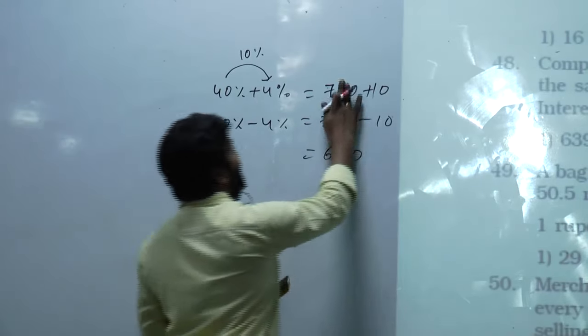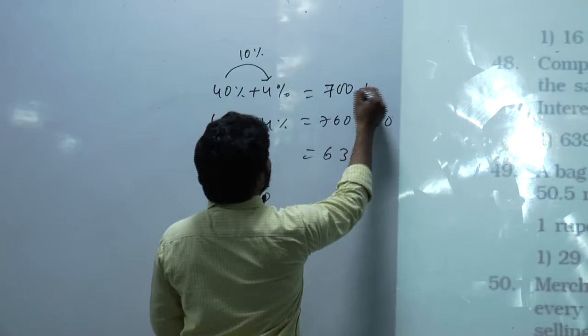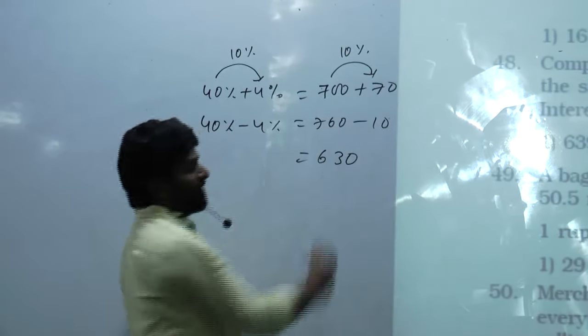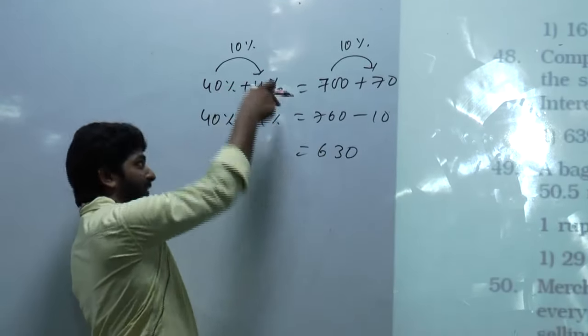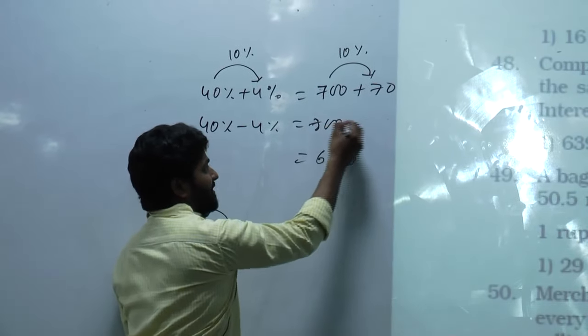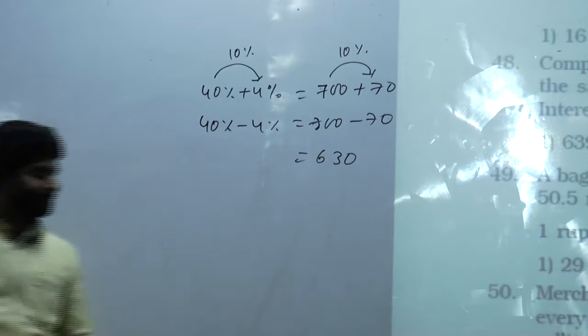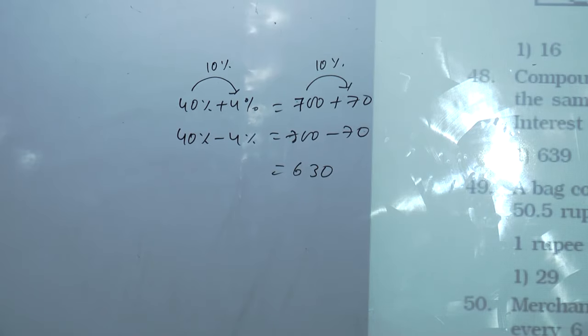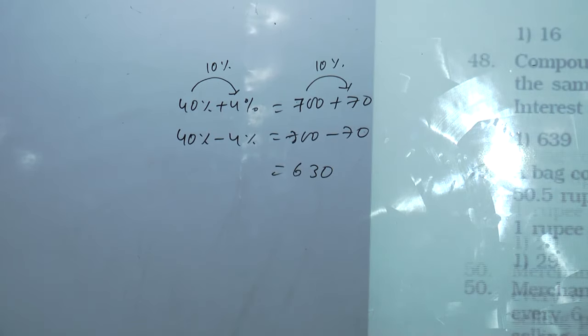I'm going to write 700 plus 70 because 70 is 10% of 700 because 4 is 10% of 40. So the answer. Clear everyone? Right.